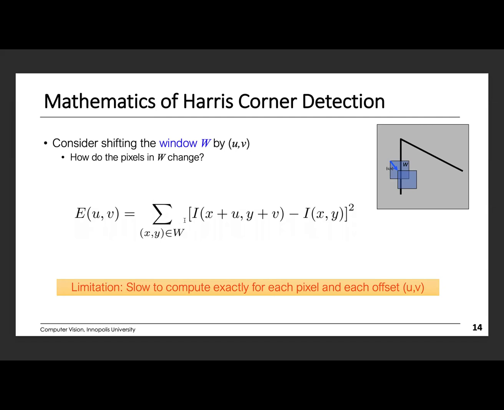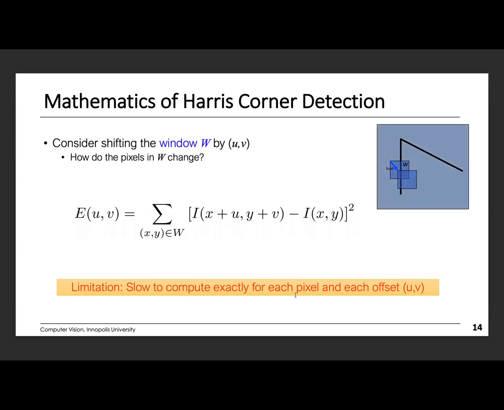But if we have just one u and v, and just one center in here, then it becomes quite easy. It's the image of x plus u, y plus v, minus the I of x, y, squared. So it's kind of like the MSE between these two different images.